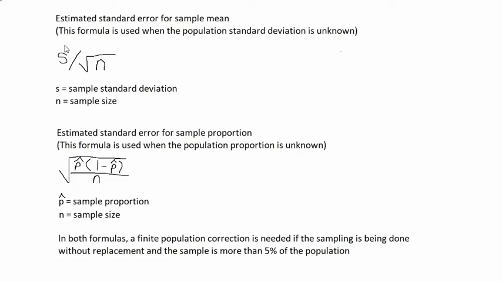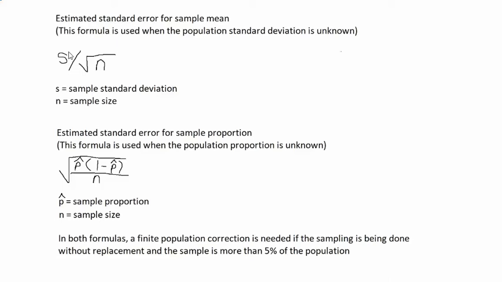The letter S is the sample standard deviation. So in this formula for the estimated standard error of a sample mean, the letter S, sample standard deviation, has taken the place of the population standard deviation, which is the sigma. In statistics, whenever you need a population something to complete a formula and you don't know what it equals, you calculate the same statistic with your sample.